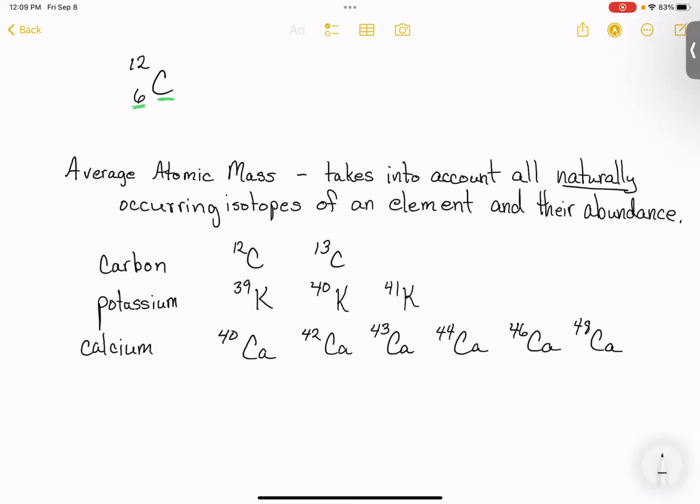One reason I put them up here is because, again, carbon had only two, but you can have more than just two naturally occurring isotopes. Technically, you can have fewer. Fluorine only has one.